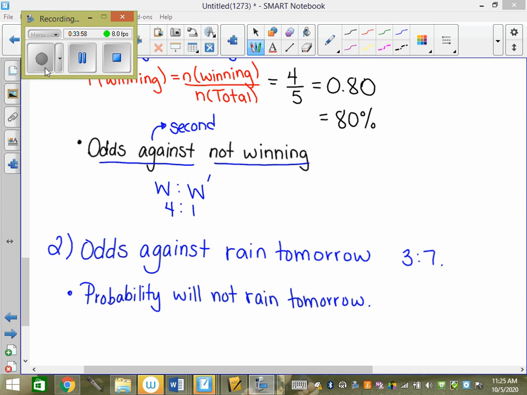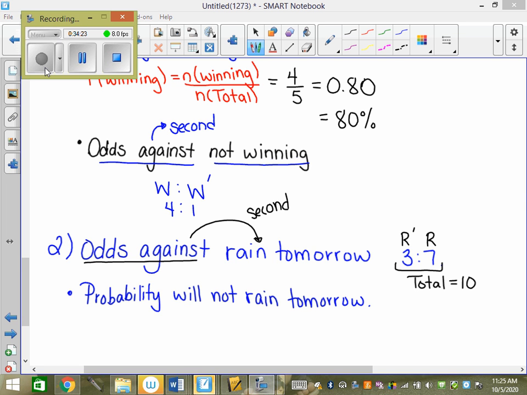We have odds against, so whatever comes after that comes second. So odds against rain, so rain comes second. Not rain would come first. And with my odds, I always write the total. I always do 3 labels. Okay?